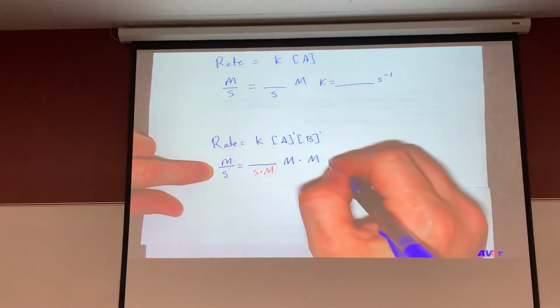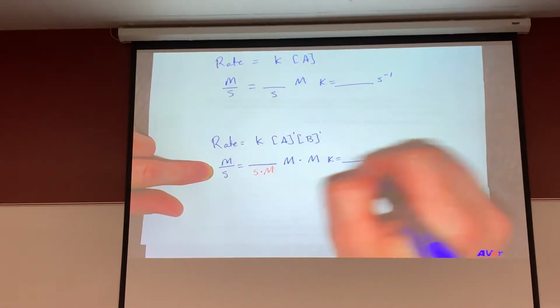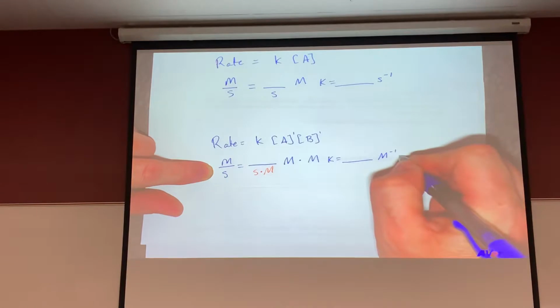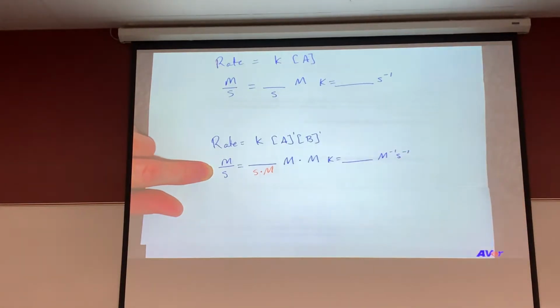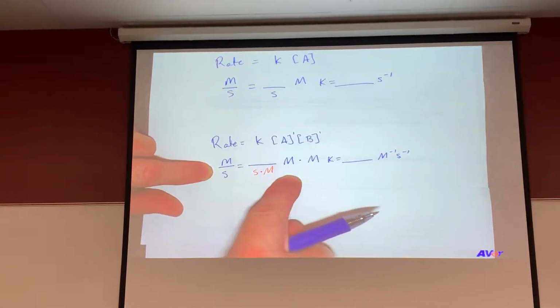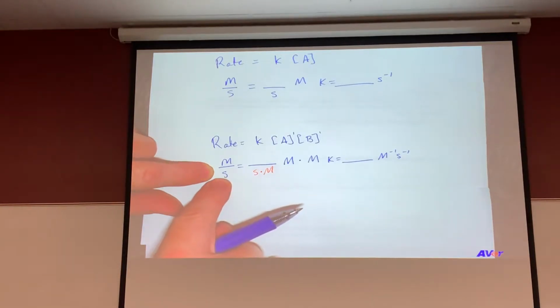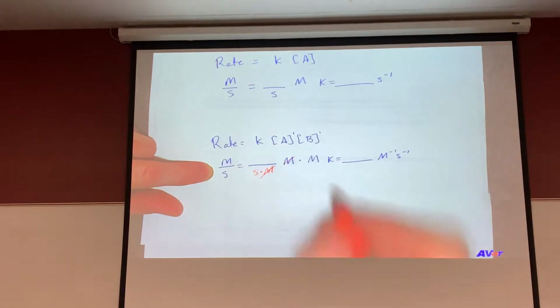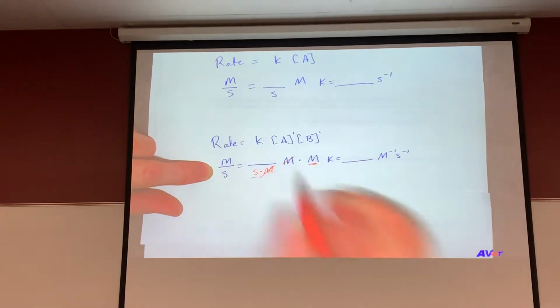If you were to report the value for K, it's going to equal some number, and then it's written molarity to the negative 1, seconds to the negative 1. That's because whatever numbers show up need to result in molarity per second, so you need to get rid of one of the molarities. So you're left with 1, and you're left with seconds on the bottom.